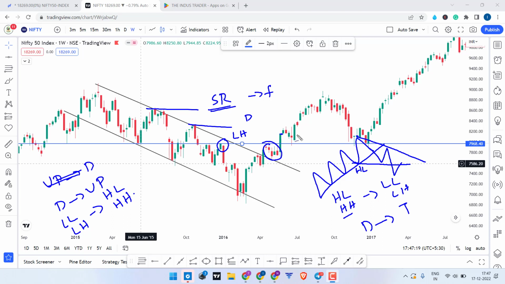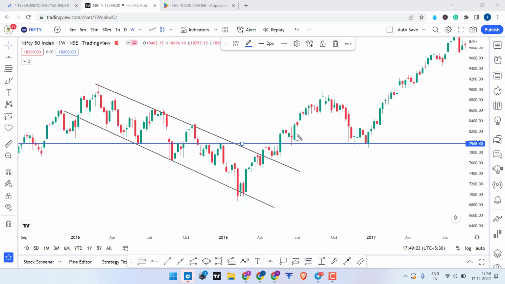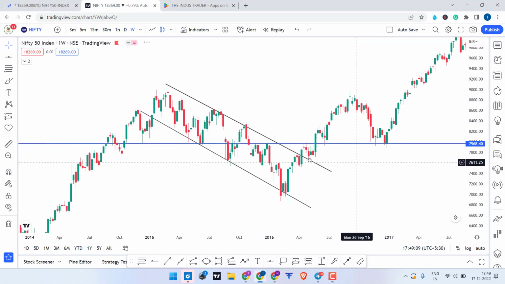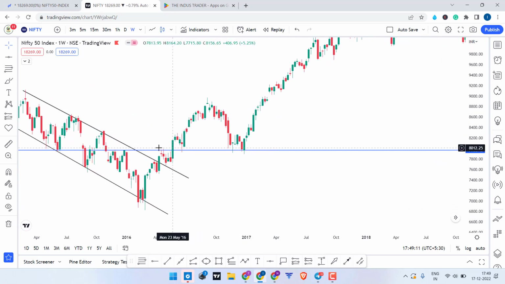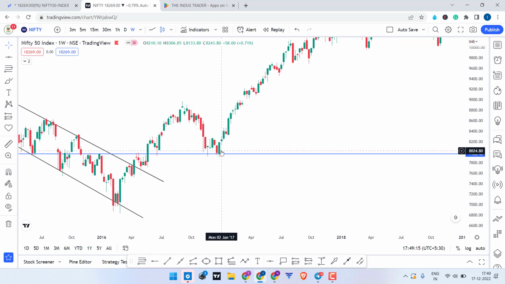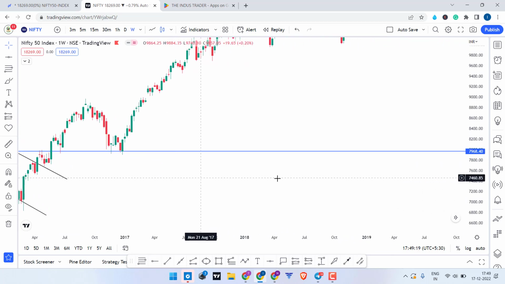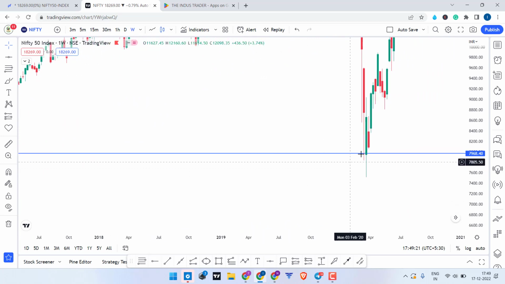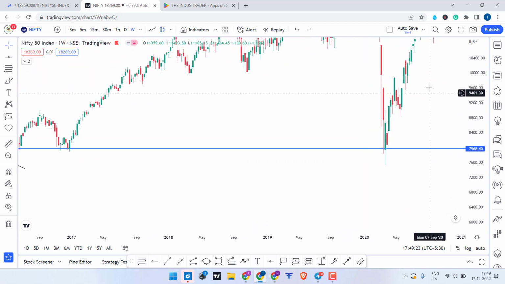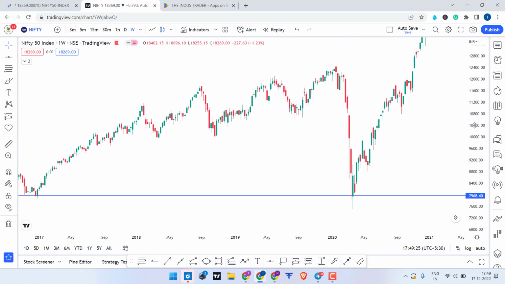I have clearly shown here, and I have also given an important learning that all these levels are going to work as important support and resistance. So let us see. I have pointed here the recent one, and if you see further, it has taken support here. You can clearly see, and if you scroll, you can see what happened after this fall.